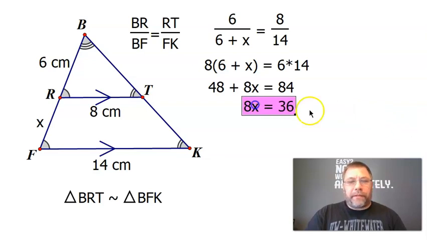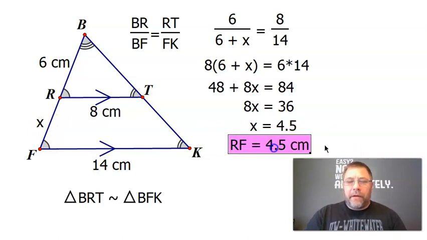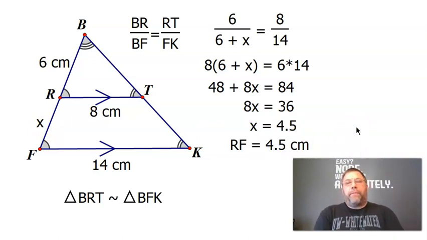Subtract 48 from both sides. Divide both sides by 8, and you get 4.5 for x. Let's look over. x represents line segment RF, so I'm going to put as a final answer that RF equals 4.5 centimeters.